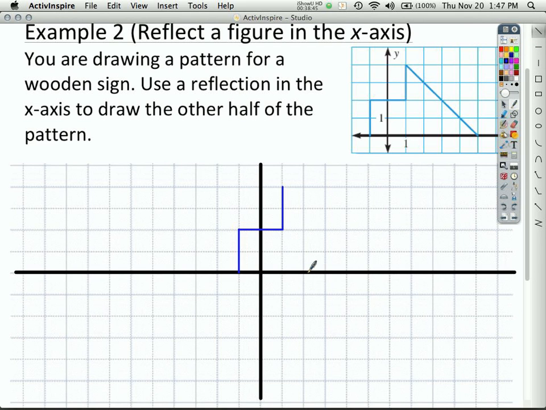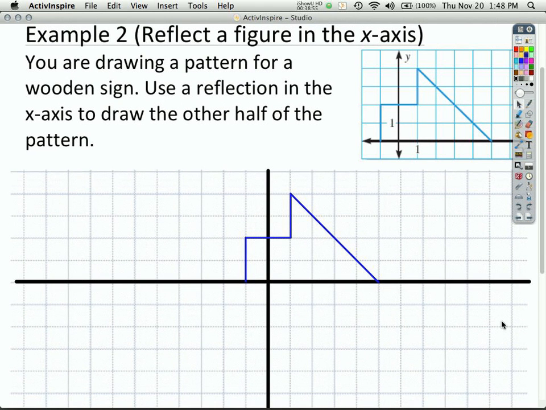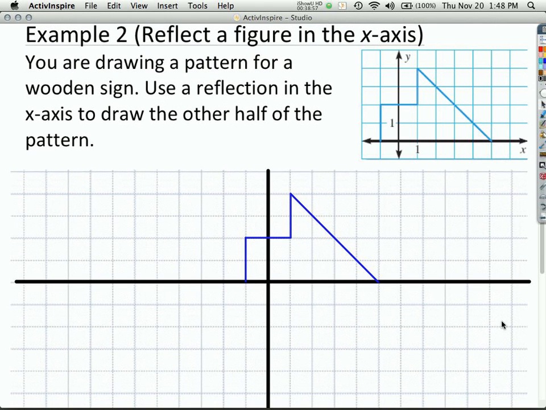It's going to go all the way to there. Any questions on what we just did? I mean, we just basically recreated the picture.